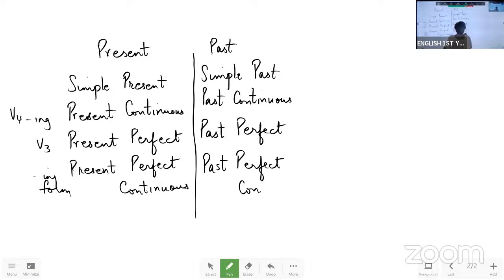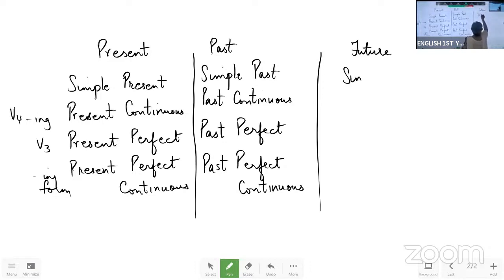Even in future, the same condition follows. In continuous, you have the ing form, and in perfect, you have the past participle. Now, coming to future, the same 4 divisions.